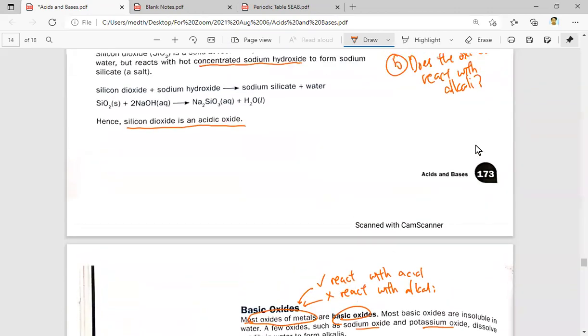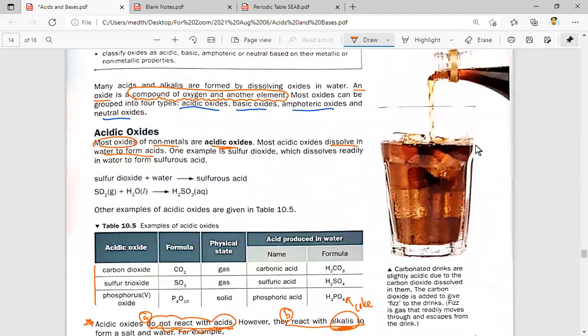Now, going back up here, if you want to do the same kind of writing, acidic oxide is a cross first, cannot react with acid, and a tick, can react with alkali.